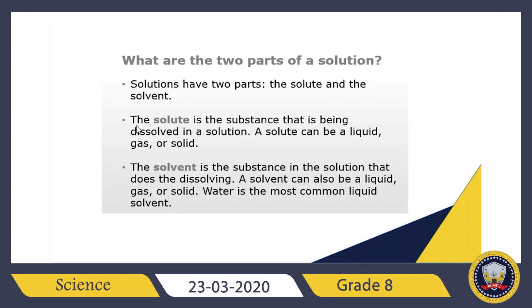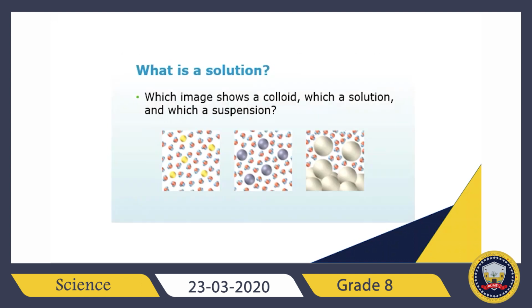And again, back to the examples we discussed in this slide. For example, consider the first solution, which is made up of sugar and water. The sugar will be dissolved within the water, so sugar is the solute, while water is the solvent.